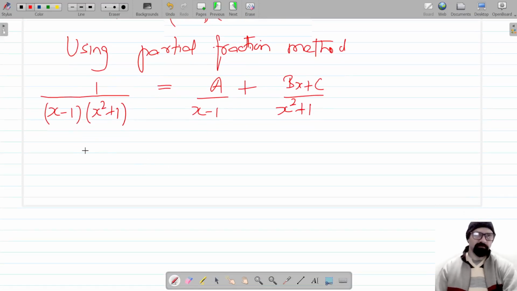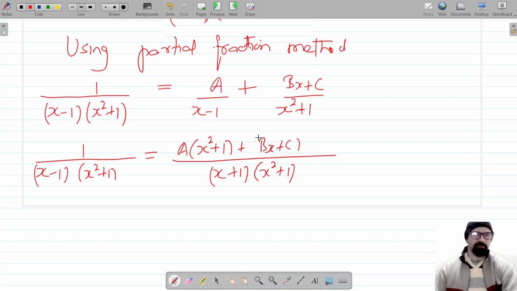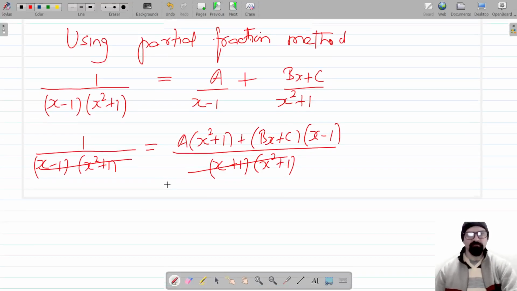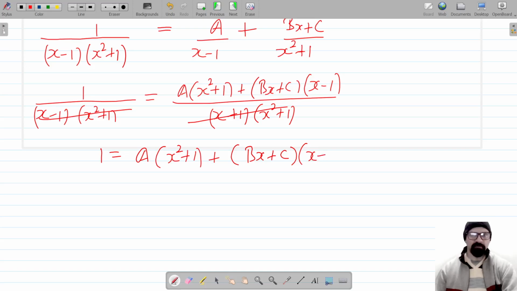Let's take the LCM. If I take the LCM on this side, the numerator is 1, equal to A into x squared plus 1 plus Bx plus C into x minus 1.